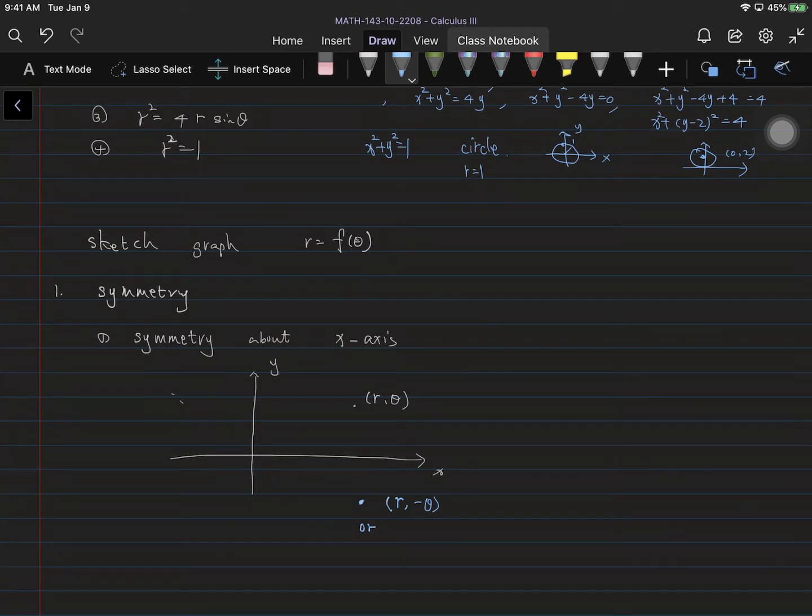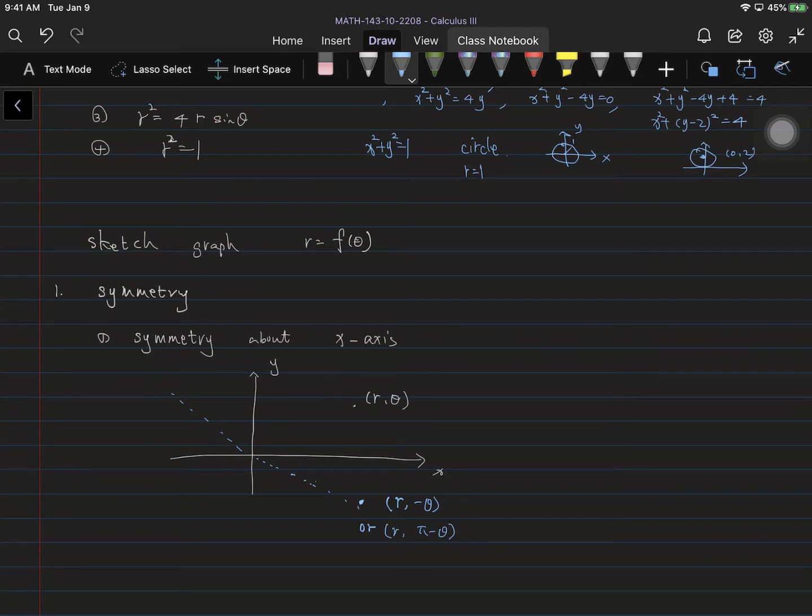Or we can say, for this point, we can also say pi minus theta and negative r. Is that right?